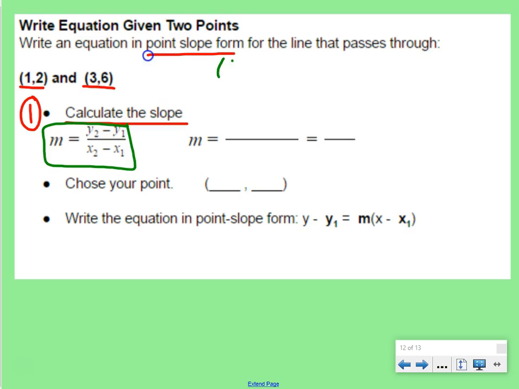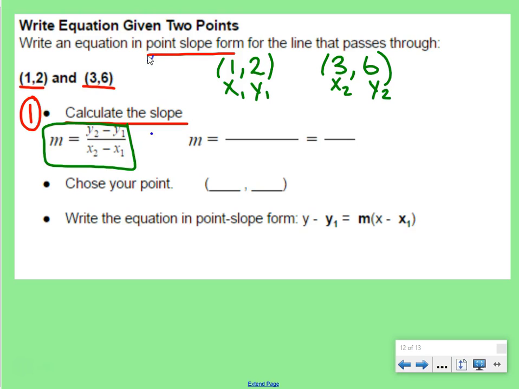Well, if we look at our points, 1, 2, 3, 6. We have x1, y1, x2, y2. Just get used to labeling your points right away. It makes for the process to be a lot easier and less mistakes to be made.